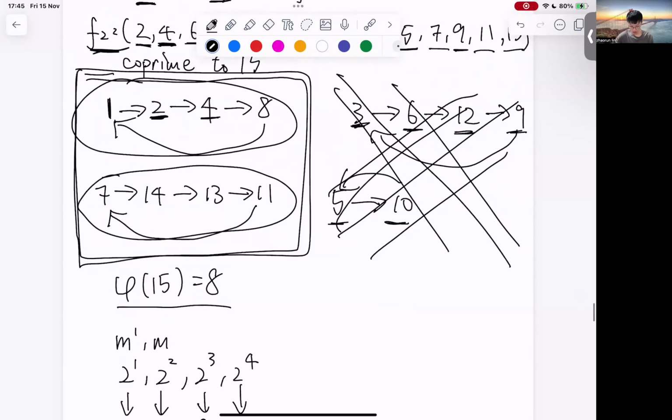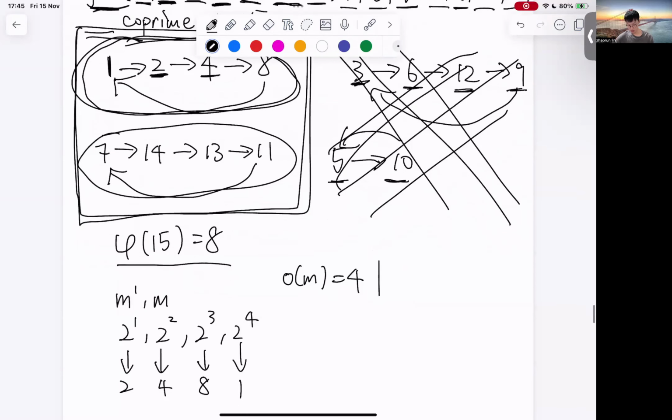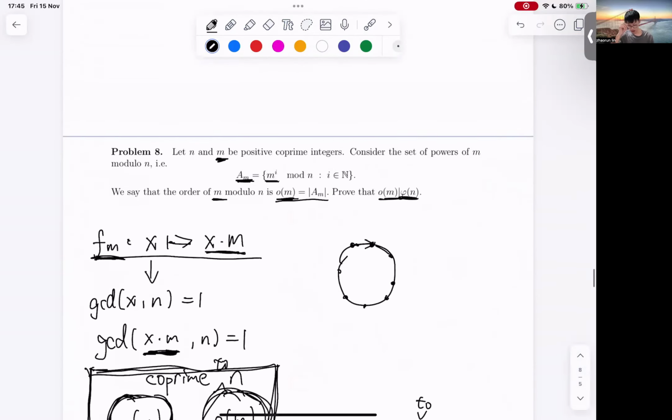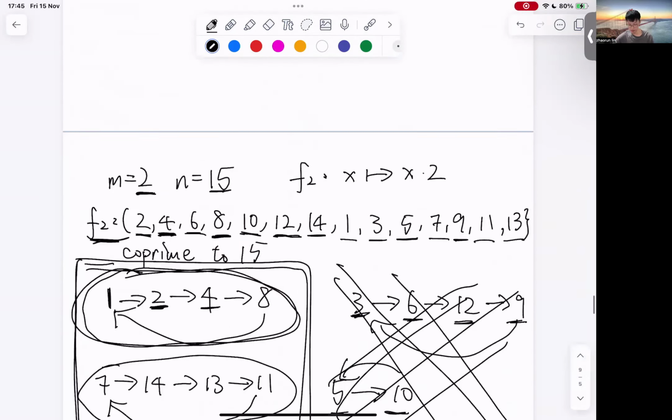So we take this cycle, it has the order equal to 4, which is a divisor of this value, right? So this is an example for this problem.